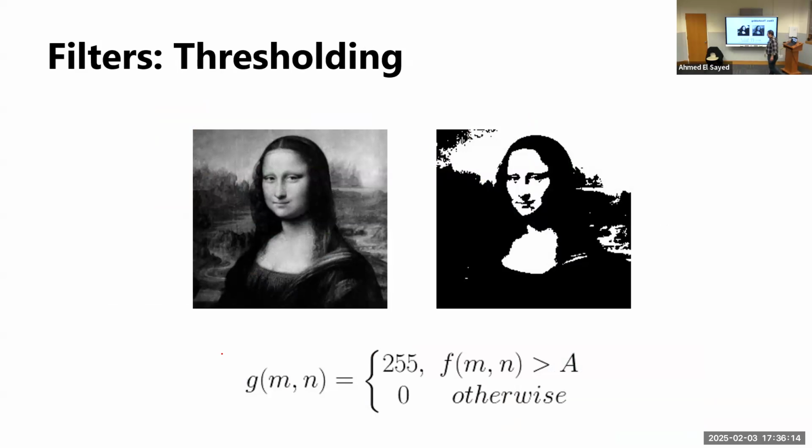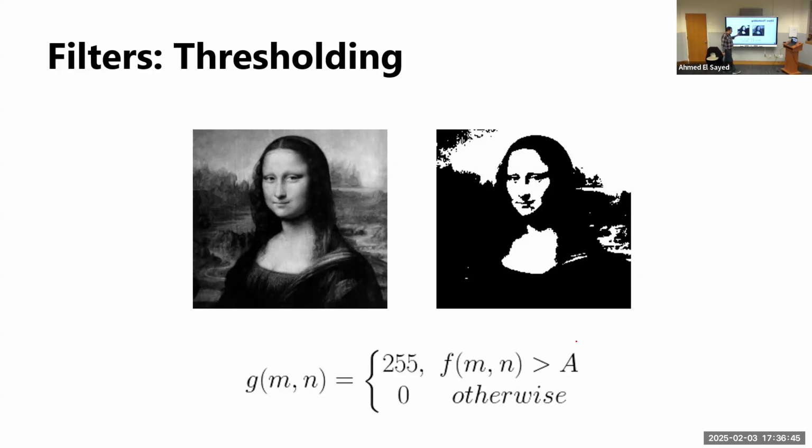Now, one of the techniques we also use for images is thresholding. So I can have a given image, then if the image is greater than some specific threshold, I will give it 1 or white. If it's below this specific threshold, I will give it 0 or black.